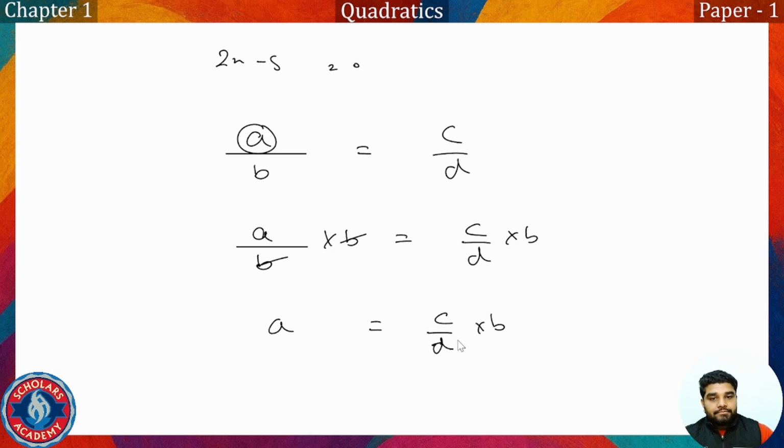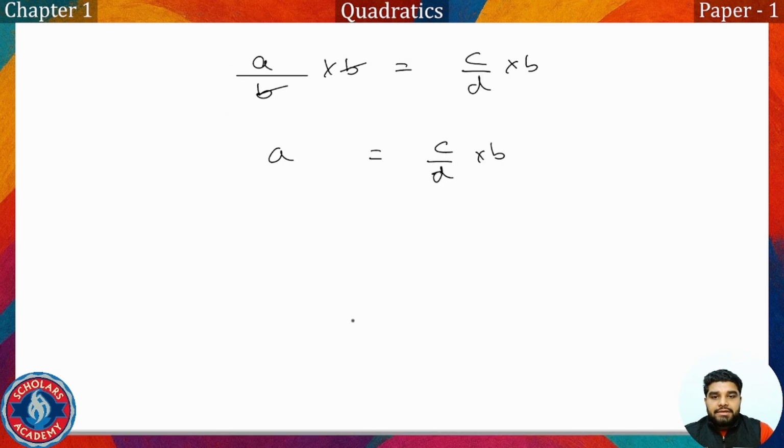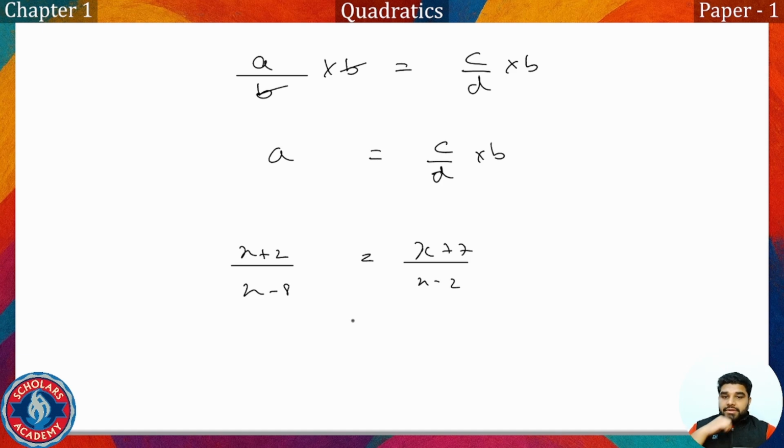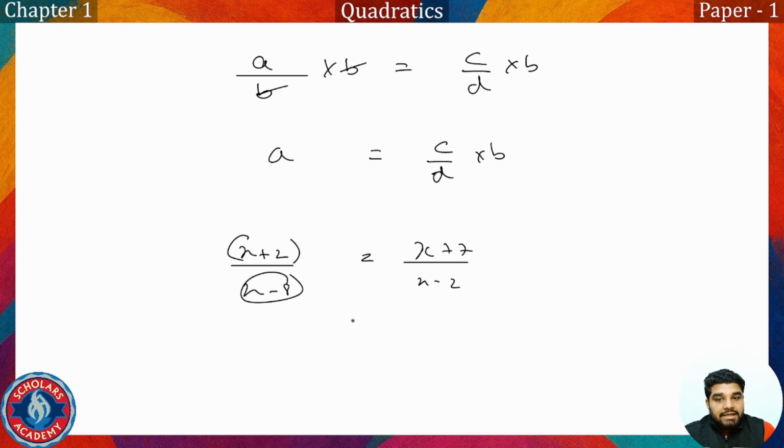For example, if I take an equation such as x plus 2 over x minus 8 is equal to x plus 7 over x minus 2. Now I want to find the value of x plus 2. I will take this to the other side.